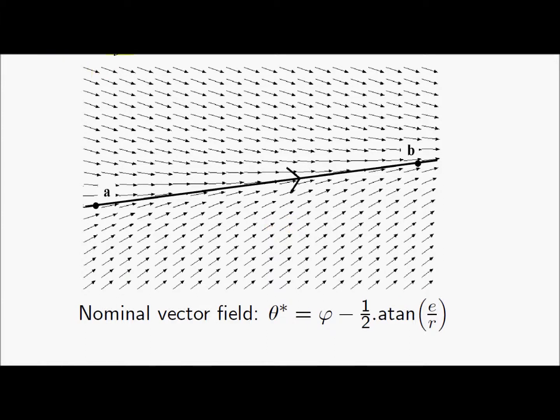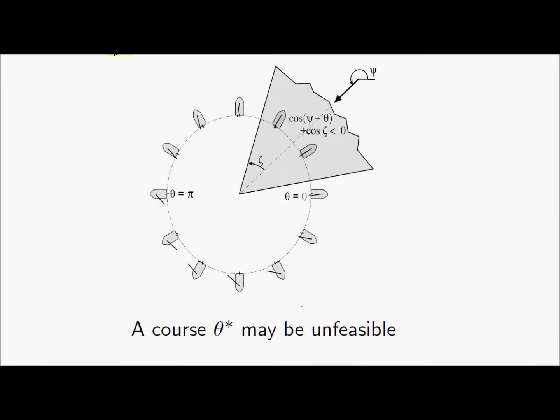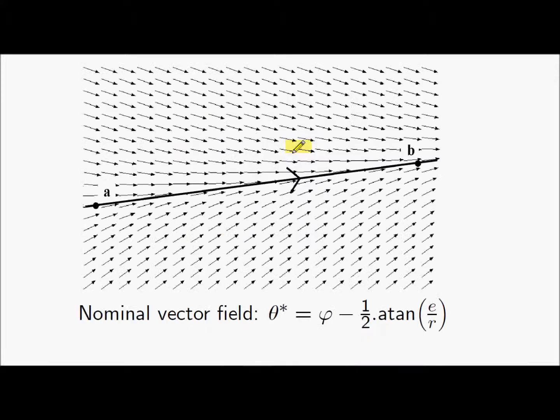Now, what happens is that if there is some direction I can follow, if I try to follow this vector field, it could be perfect with a motorboat, but I have a sailboat, and there is some direction that I have to avoid.